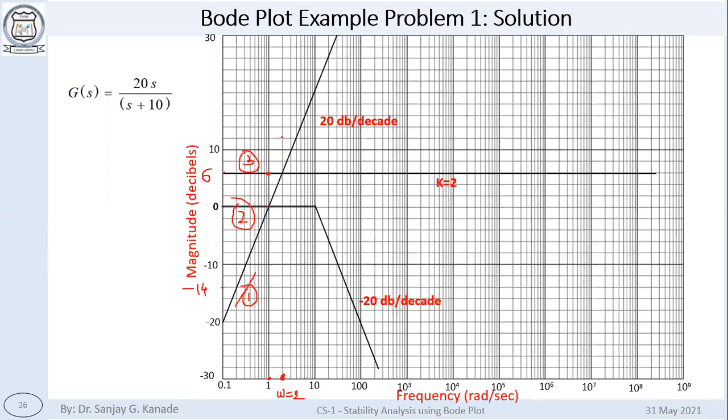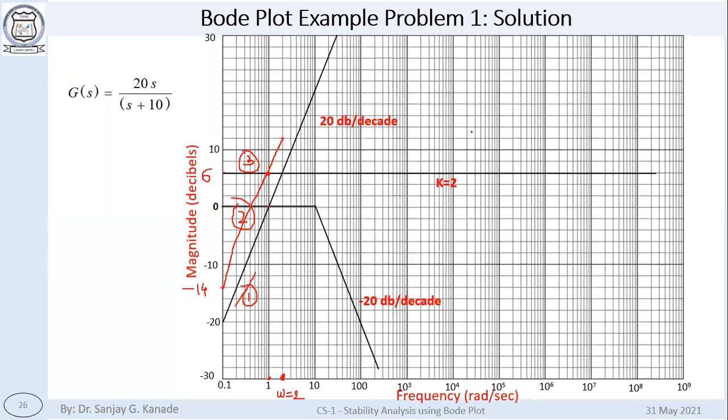Now can you see, is it going to be correct here? If I connect this point and this point until this, like this, what do you see? The drawn line is parallel to this particular 20 dB per decade line. The red line which I have just drawn and this line are parallel lines.